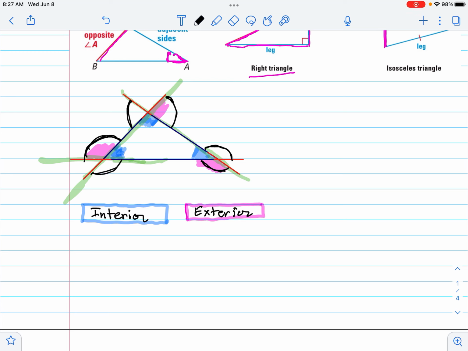So when you extend these sides out, you get these exterior angles, and these angles consist of one extended side and then another side. This angle up here consists of the extended side and another side. This angle here is also an exterior angle, and it consists of the extended side and another side.